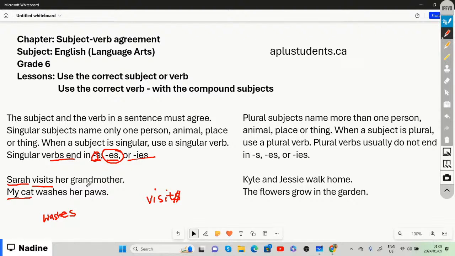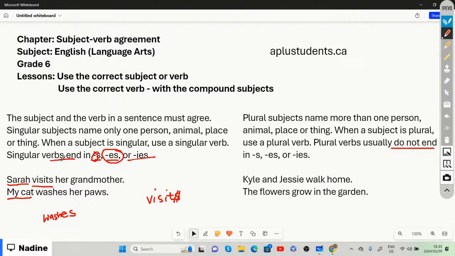A singular verb ends in s, es, or ies, not a plural verb. A plural verb usually does not end in s, es, or ies.